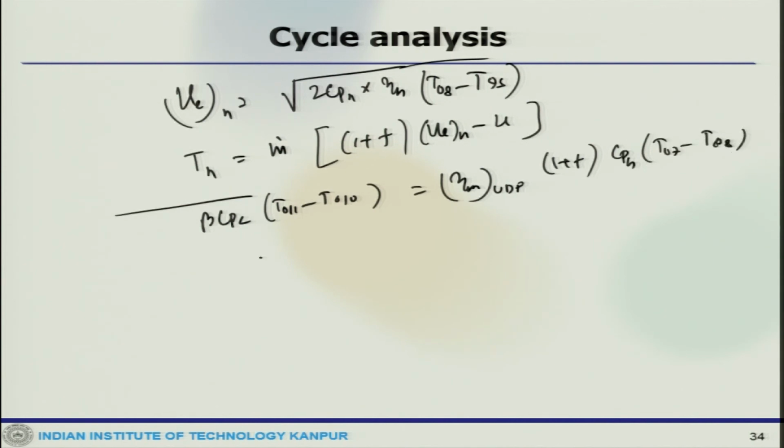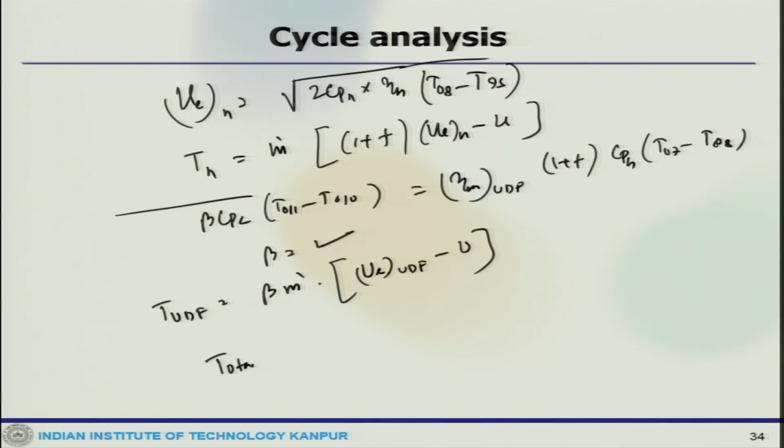From here we will get beta, and then the thrust obtained from the UDF is beta m dot times UE UDF minus U. So the total thrust would be T UDF plus Tn. And the power, the unducted power, would be U into T UDF.